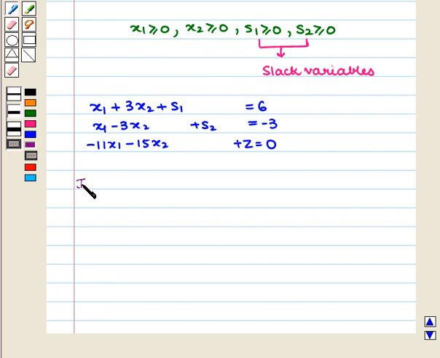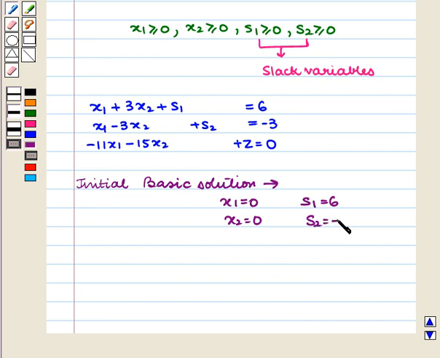Its initial basic solution is given by x1 is equal to 0, x2 is equal to 0, s1 is equal to 6 and s2 is equal to minus 3.